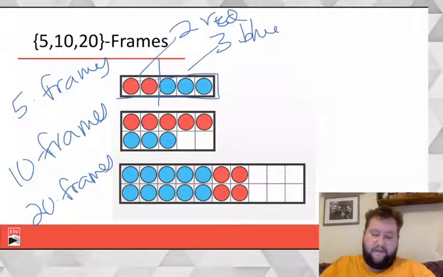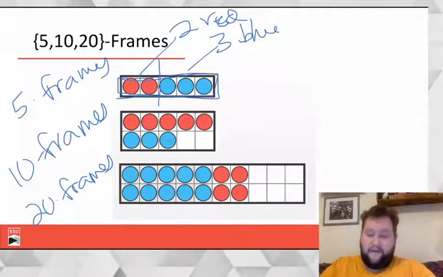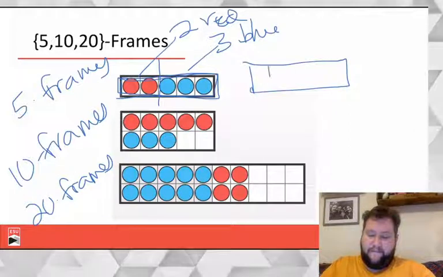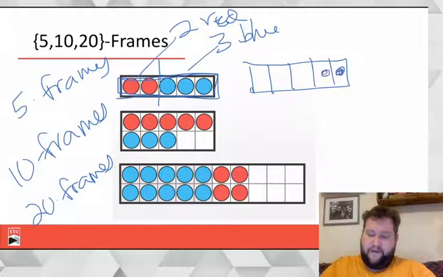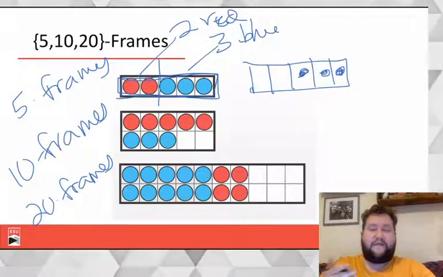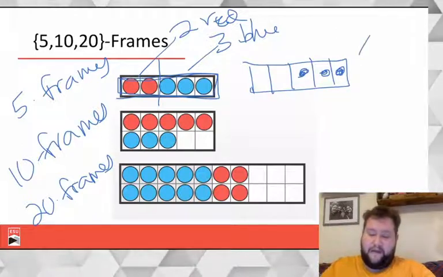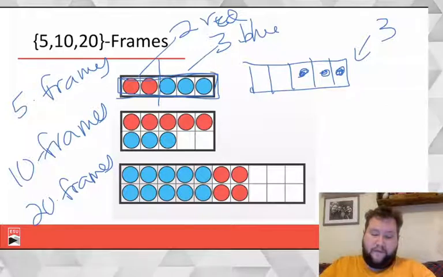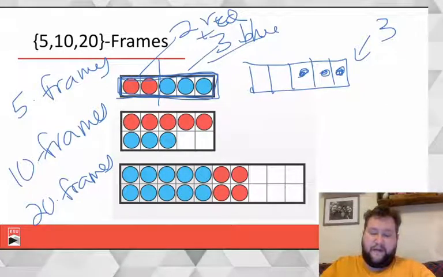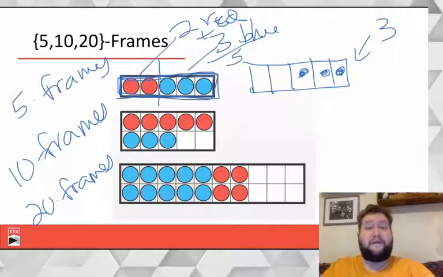If this thing is full, it's 5. So you might see something that looks like this, and you might only have 3 of them full, and so you might start to think about, well, that's 3. But when we have the whole thing full, but we have 2 colors, it gets us to start thinking about 2 and 3 are 5, so how we can compose and decompose numbers.